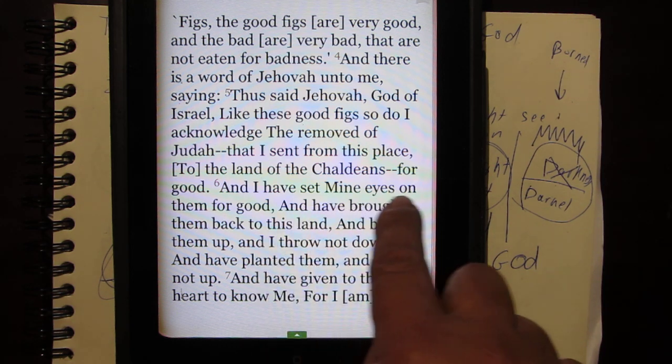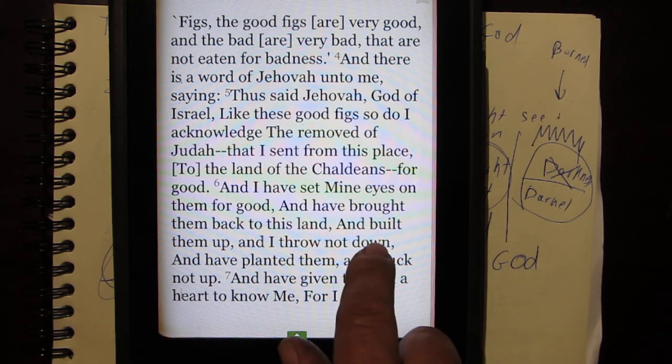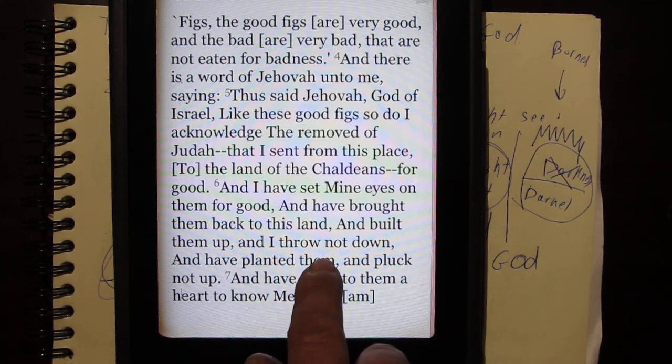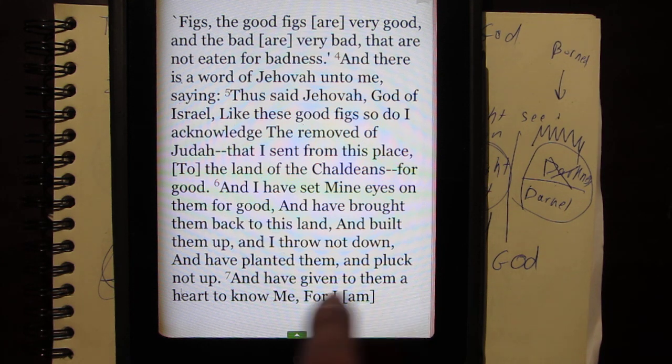And I have set mine eyes to them for good, and have brought them back to this land, and built them up, that I throw not down, and have planted them and plucked not up. And I have given to them a heart to know me. Now this is not the Israel today, because they do not know Yahweh, Jehovah God.